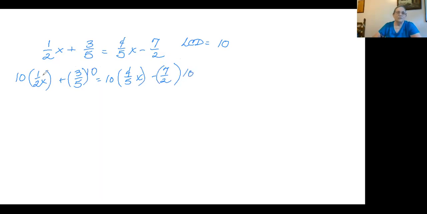The reason I want to do this, and this x is not in the denominator. Let me draw that so it's a little more clear. This is a 1/2 times x. So 10 times 1/2 is 5. That's 10/2.